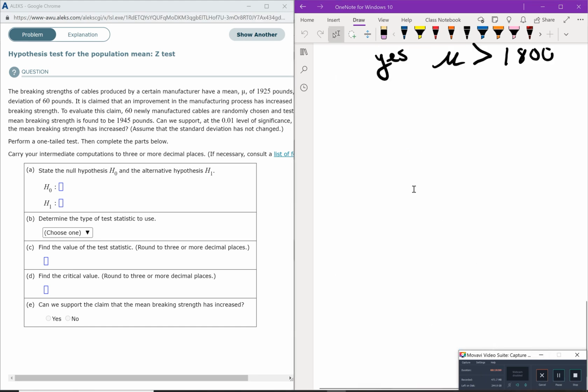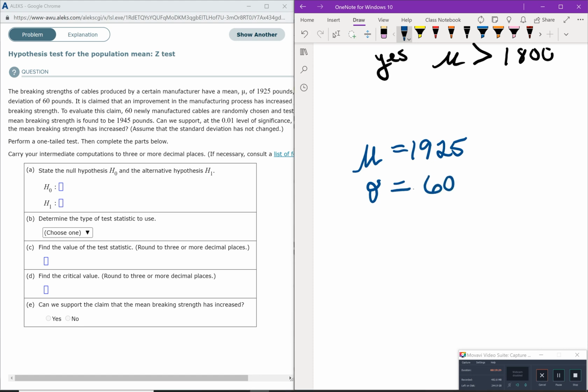All right, in this question, again, another practice question, it says the breaking strength of cables produced by a certain manufacturer have a mean mu of 1,925 pounds. So they're telling you, in this case, that mu is equal to 1,925 pounds. They are also telling you that there is a standard deviation of 60 pounds.